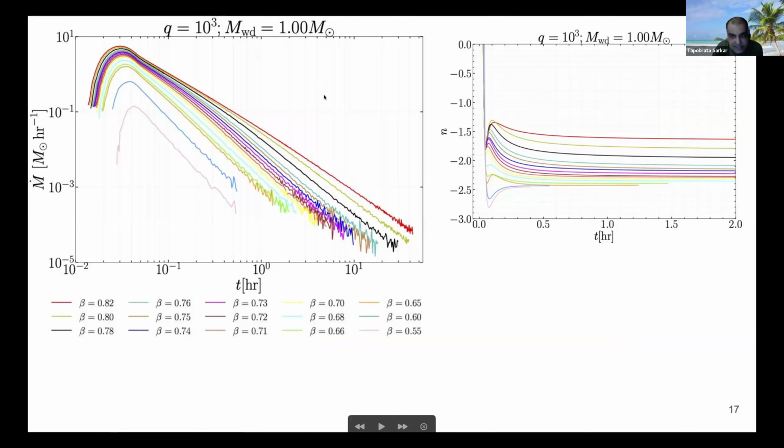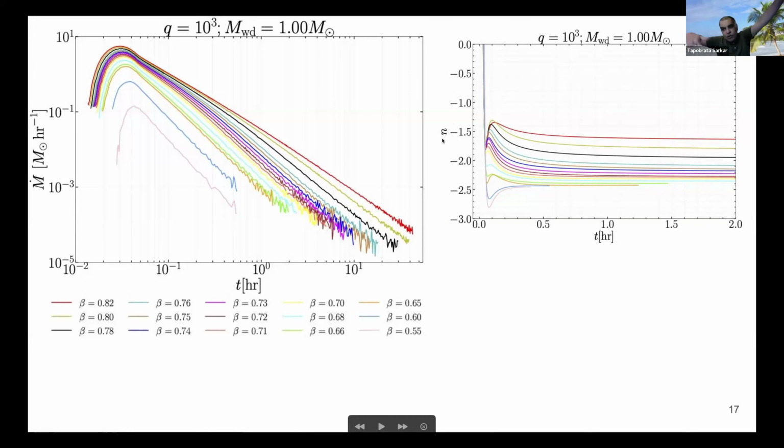And you can see that these observables, these fallback rates, what we find is that when the star is in an elliptical orbit about the black hole, they do not asymptote to that minus 5/3 behavior. In fact, what I've plotted over here is the asymptotic value of the power law scaling.